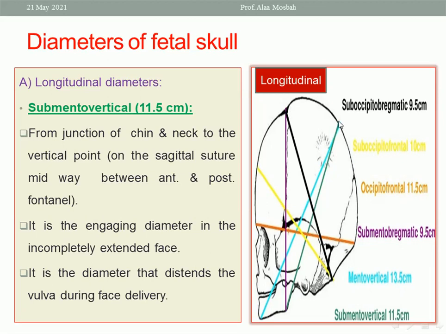So submentovertical extends from the submental region between the tip of the chin and the neck here to the vertical point. It is 11.5 centimeter and it is the engaging diameter in case of incompletely extended face, and it is the diameter that distends the vulva during face delivery.